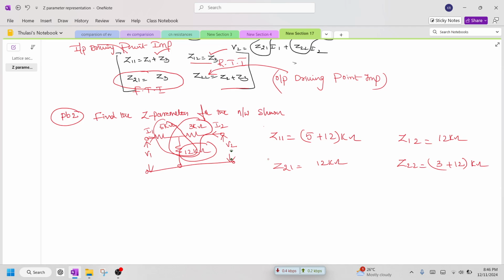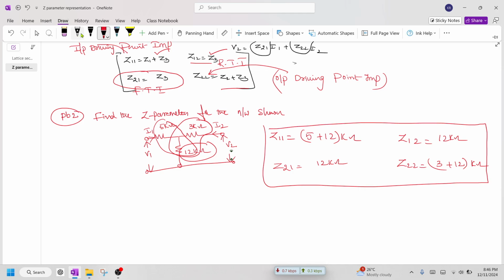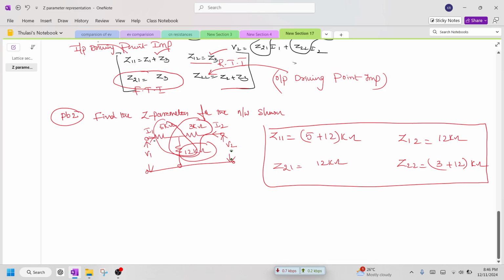Whether we are getting this or not, we can verify by applying KVL also. When you apply KVL, entering current is positive, leaving is negative. The current in this branch is I1, the current in this branch is I2, and I want the current in this branch.